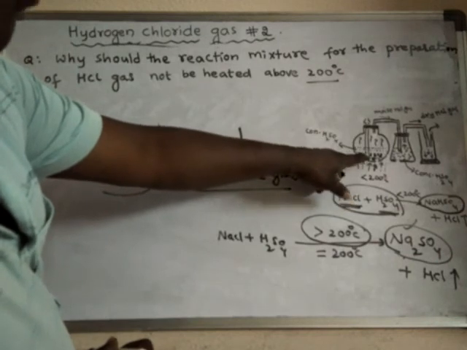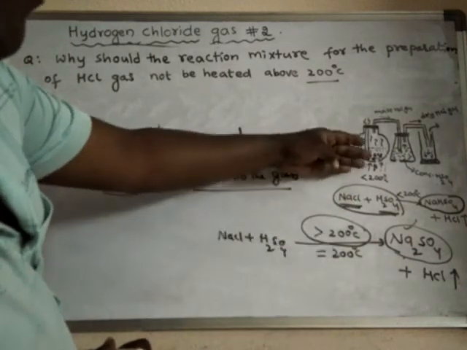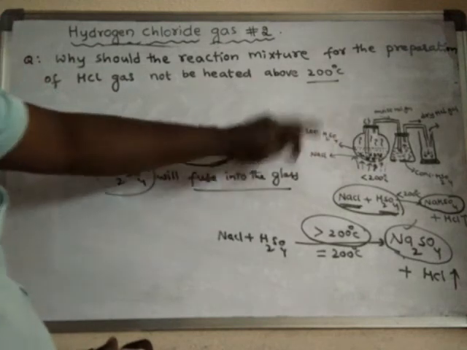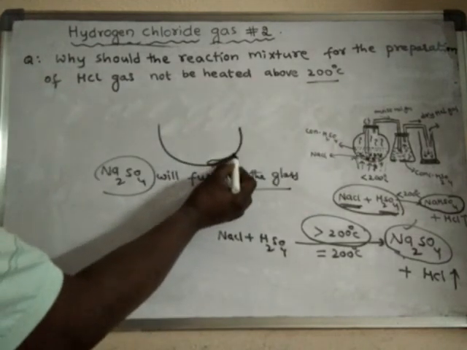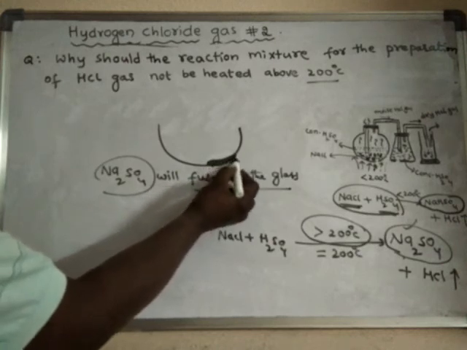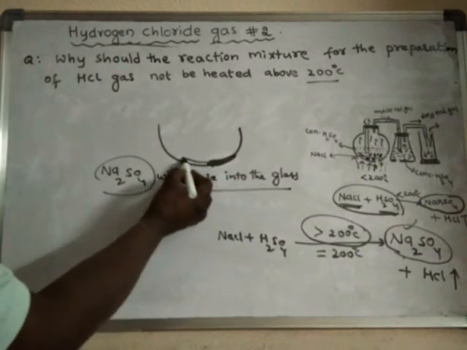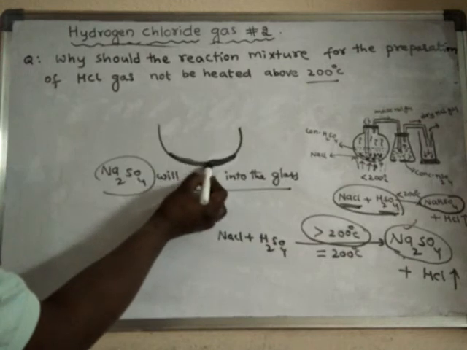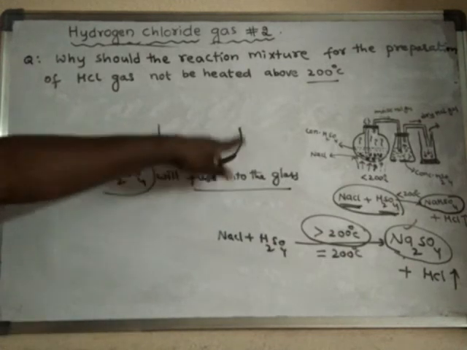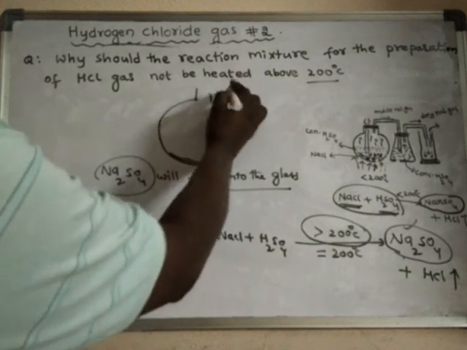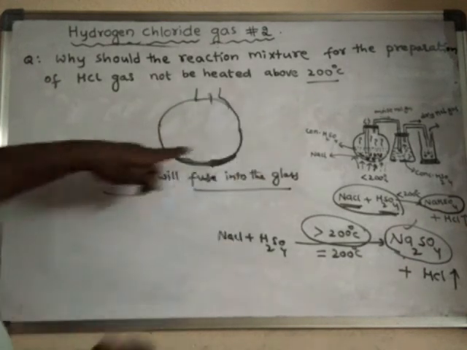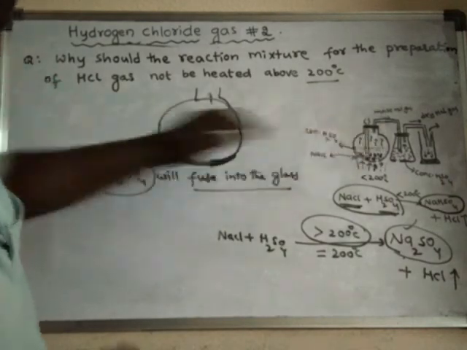After performing the experiment, we will clean this, but even after cleaning, the sodium sulfate sticks to it, as it is fused. So this round bottom flask cannot be used further for experiments.